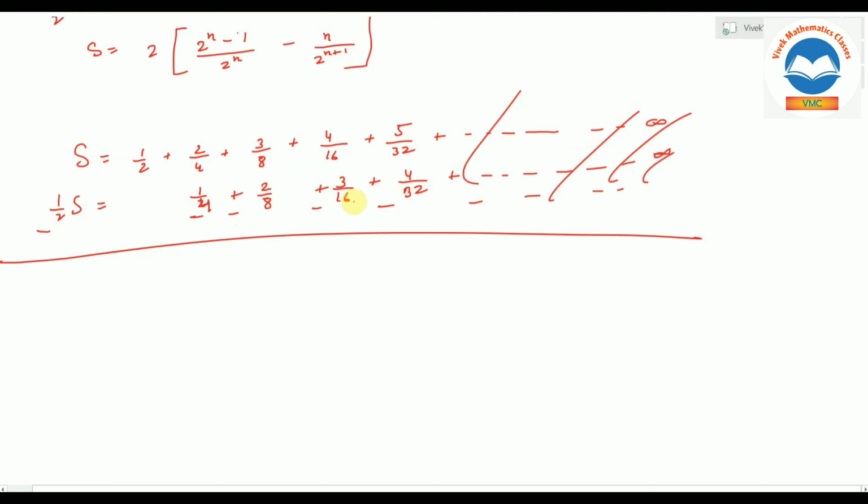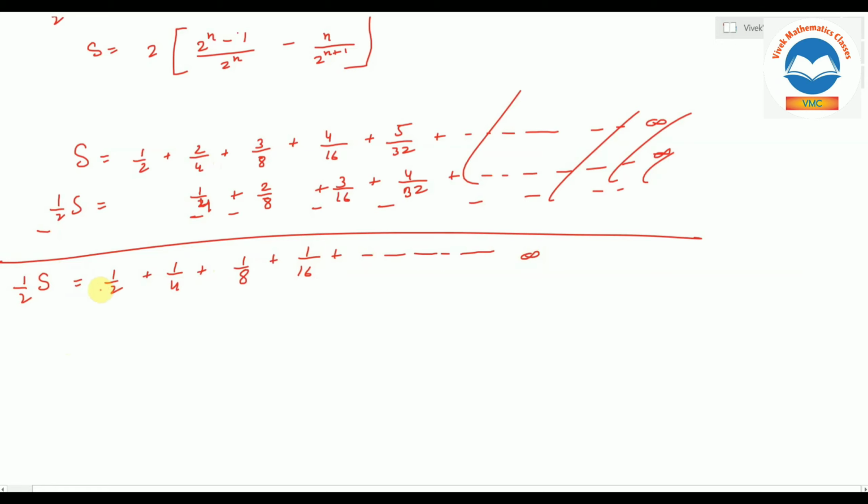All these terms will not be cancelled out actually, you will get like that. So here what you will get, S into (1 - 1/2) will be 1/2 S equal to 1/2 plus 1/4 plus 1/8 plus 1/16 and so on, it will come up to infinity.